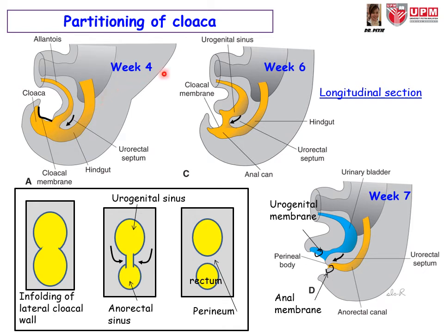Then, coming to week 6 of development, the urorectal septum is now slowly dividing the cloaca into the ventral primitive urogenital sinus and the anorectal canal dorsally.